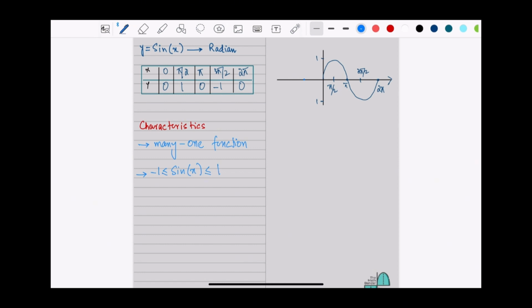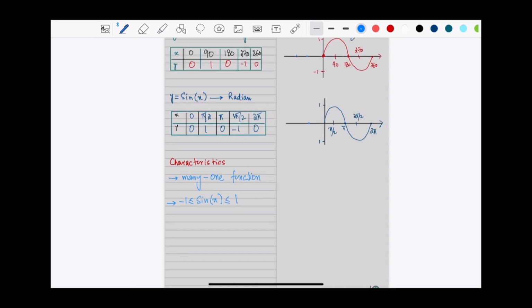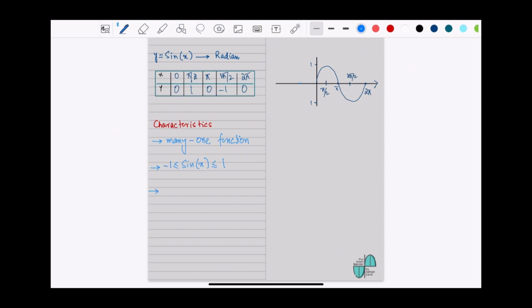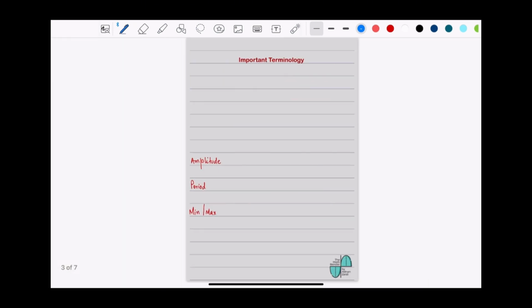So it only fluctuates between -1 and 1. The period of this function is 360 degrees by default. I'll discuss what period is on my next page.